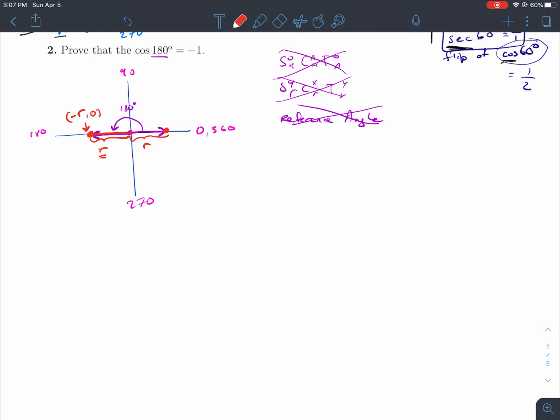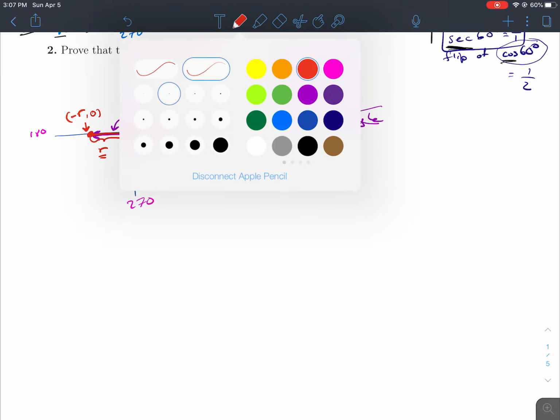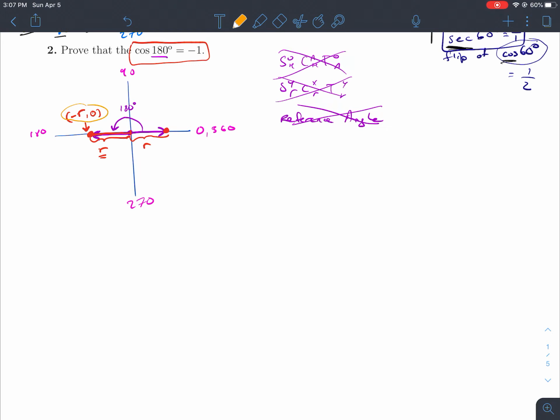Now this actually gives us enough to prove that the cosine of 180 degrees is negative 1. Because now we have coordinates for x and y, it reopens this formula set right here as a possibility.